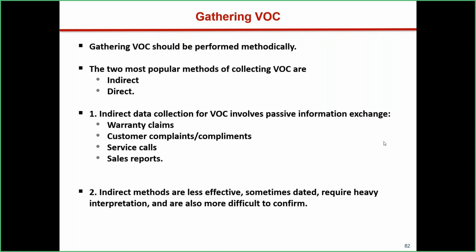But if the same product doesn't work as they expect, the argument might be heated. They might not be happy. If you ask them to give a survey, they might end up giving a very bad survey. So these are very ineffective methods, they are very dated, and they may require quite heavy interpretation. That's the reason indirect methods are a bit difficult.